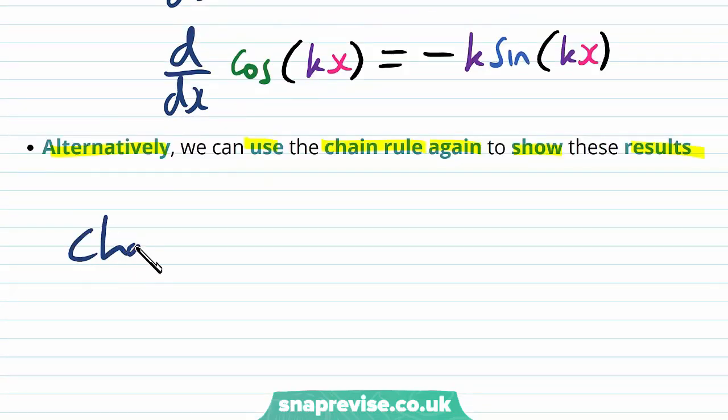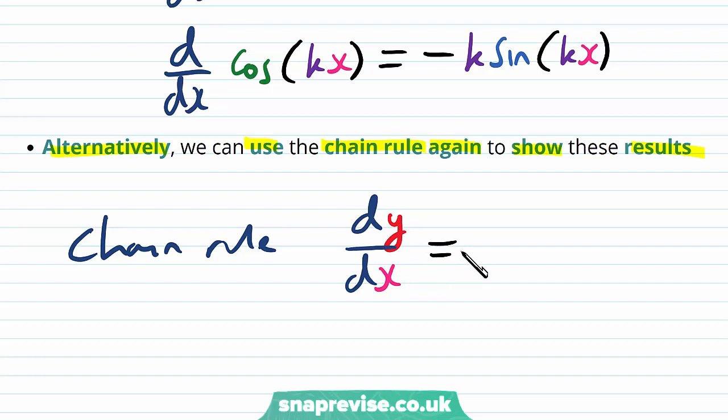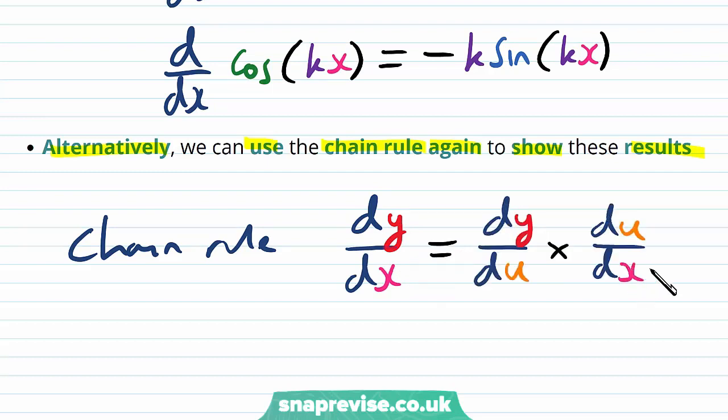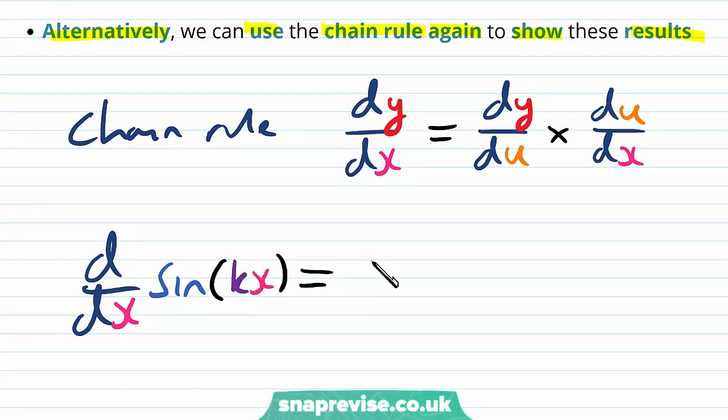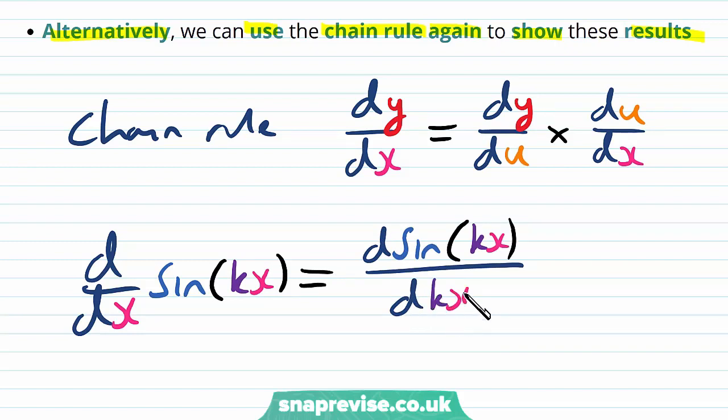Recall that the chain rule states that dy by dx can be split up into the product of dy by du multiplied by du by dx. So if we'd like to differentiate the sine of kx, then we get d of the sine of kx by d of kx multiplied by the d of kx by dx.